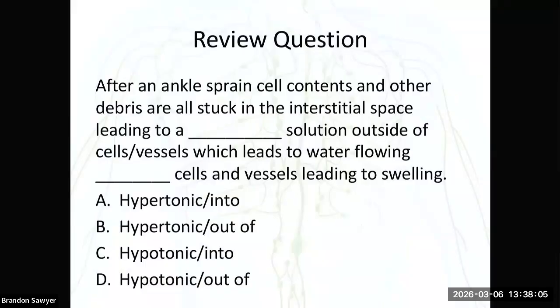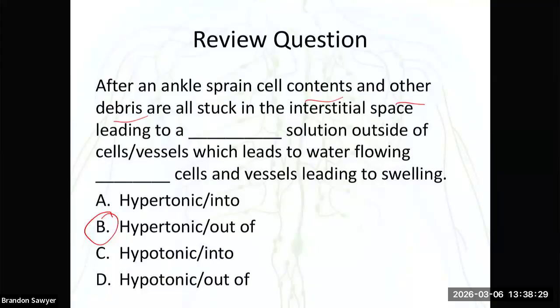So we got about 85% of you saying B is the right answer. So after an ankle sprain, cell contents and other debris are all stuck in the interstitial space. So it's good to remember what the three spaces of the body are. There's really three spaces that we talk about. One of those is intracellular space, so inside of all the cells of our body, that's where most of our water is.